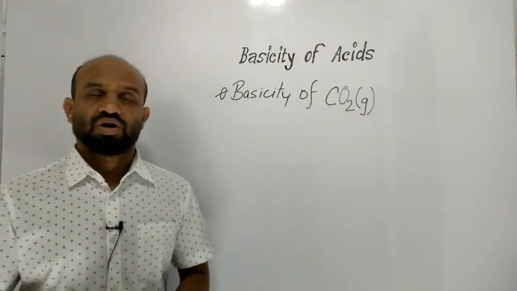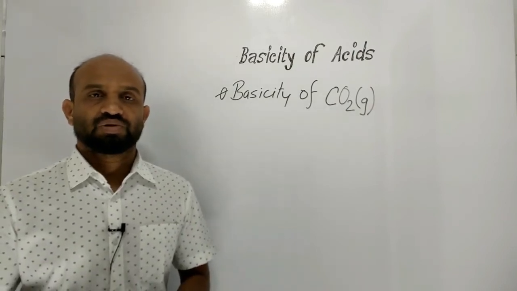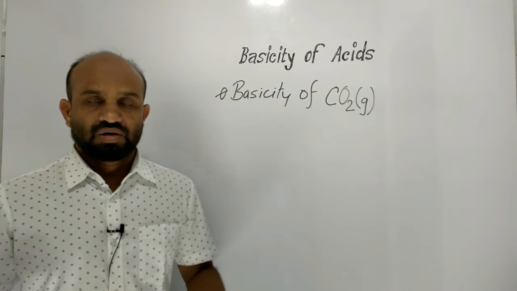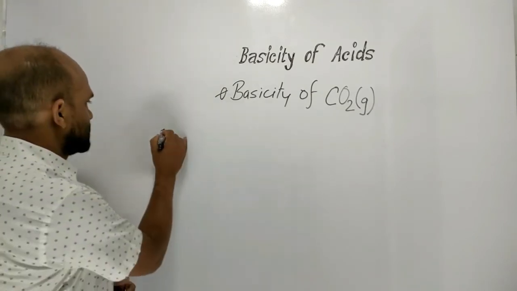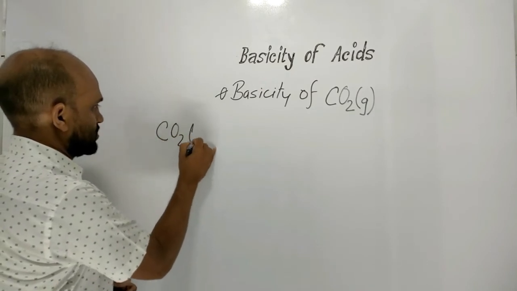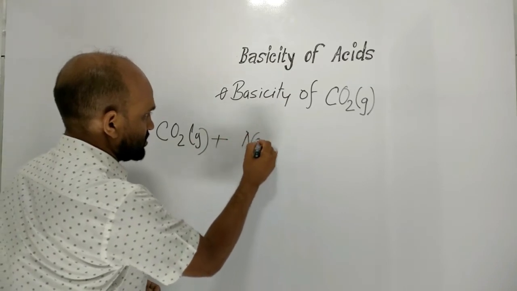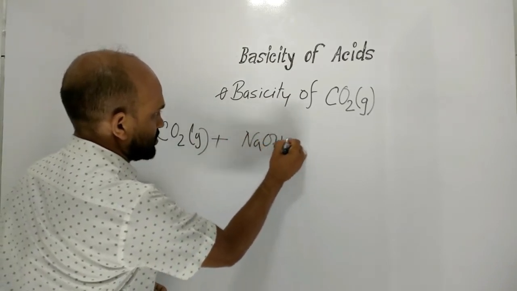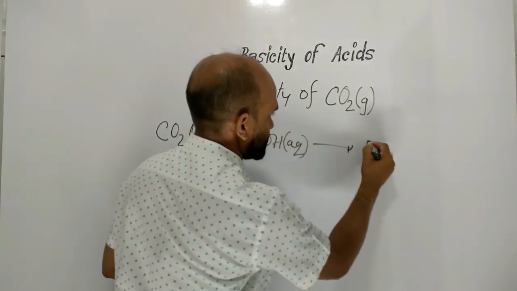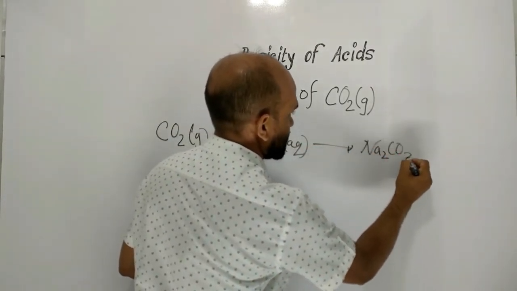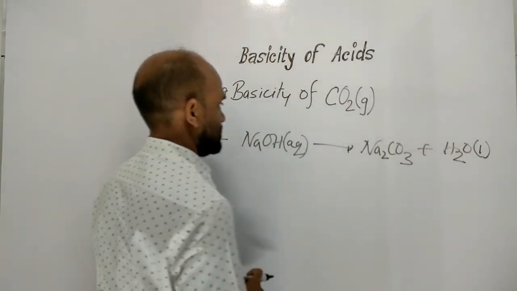Now basicity of carbon dioxide. Carbon dioxide is a kind of acidic oxide. Now let's see what is the basicity of carbon dioxide. Carbon dioxide reacting with sodium hydroxide forms sodium carbonate and water.